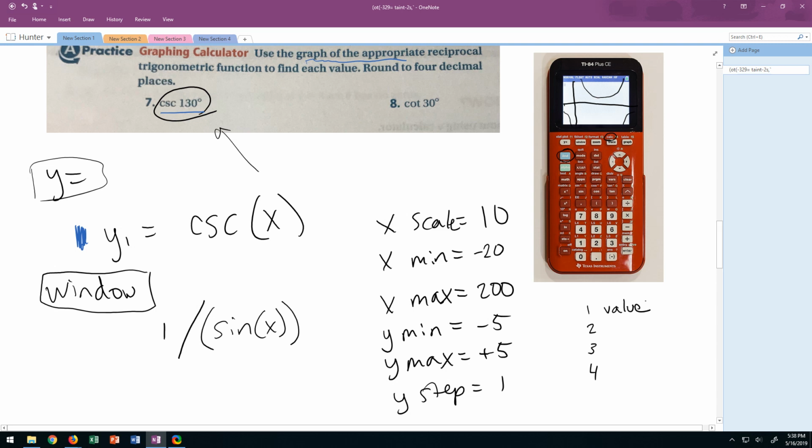You just press second calculate and scroll down to click the one that says value, and then you're going to see instructions in the lower corner of the screen that say what's the x value that you want, and we're going to type in using the number pad 130, and then we're going to press enter, and then it'll put our little cursor wherever it needs to go, and it will tell you the y value. So let me figure out how to do that in my calculator real quick.